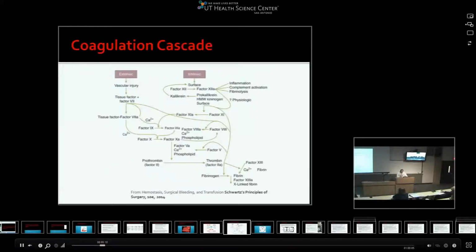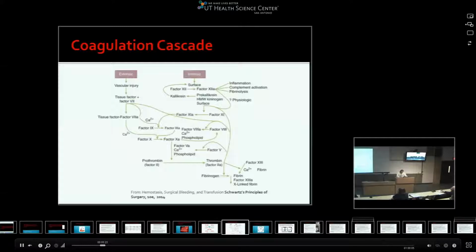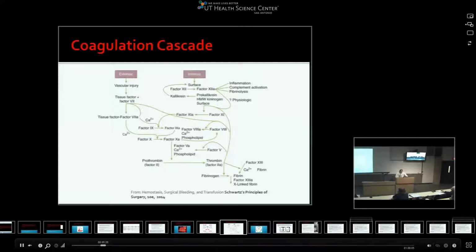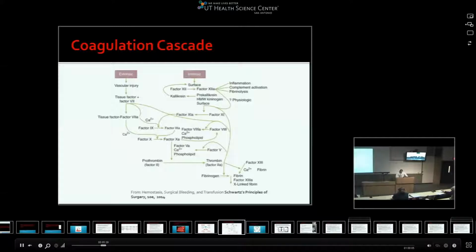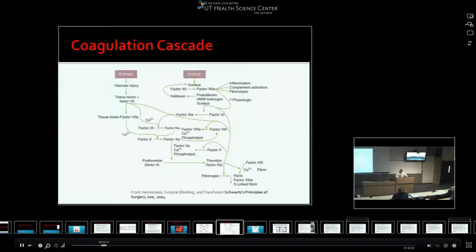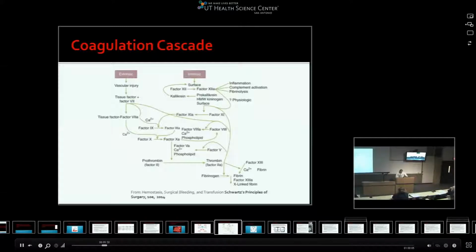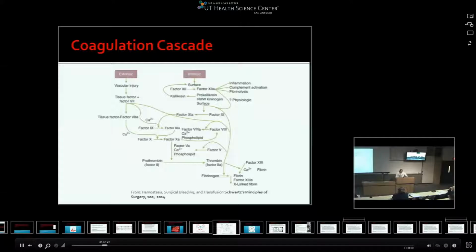The coagulation cascade, we remember all that from medical school or from studying for the exam. There are 2 possible pathways which then converge into a single common pathway. The intrinsic pathway starts with activation of factor 12, which then activates factors 11, 9, and 8, and it's called intrinsic because all factors are intrinsic to the circulating plasma.